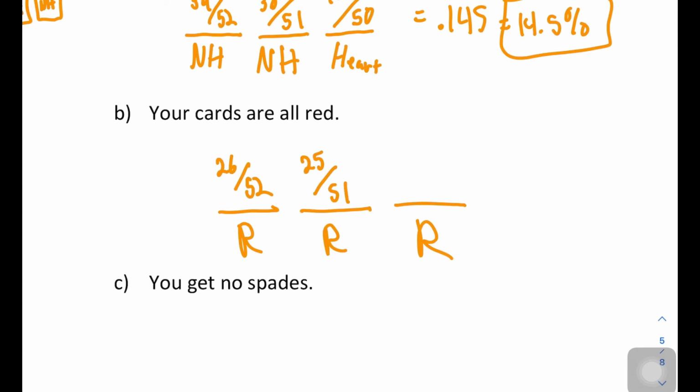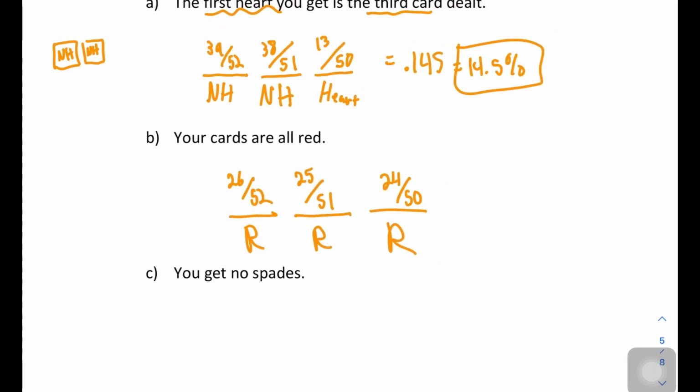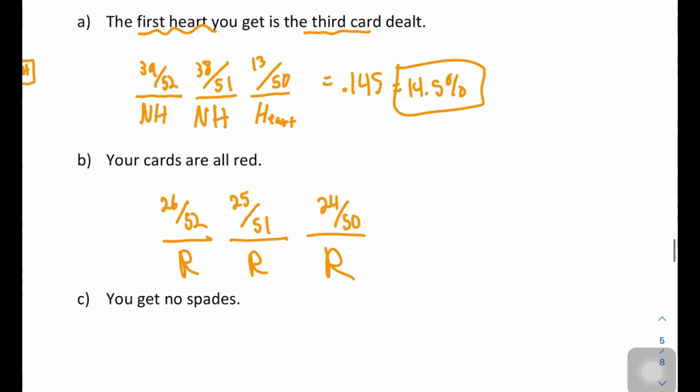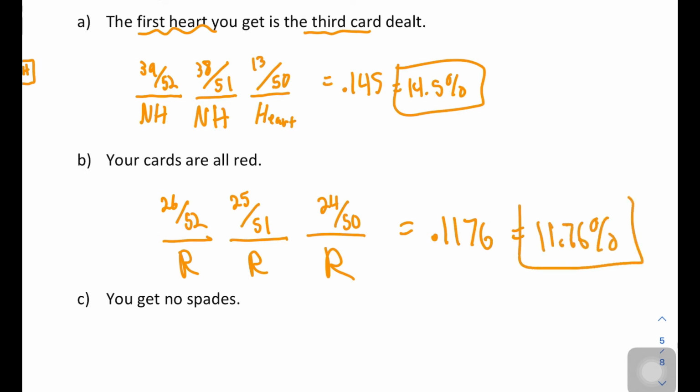And then you repeat that for the last one, because now you have 2 red cards. And then using your calculator, get about 11.76% chance that they are all red.